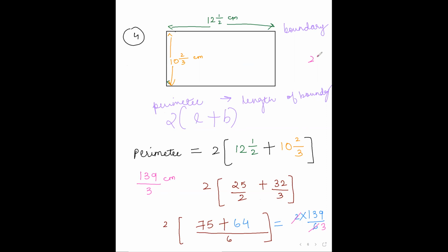It will be 46 1 by 3 centimeters. Very good. Just a sec. I'm just trying to check something.